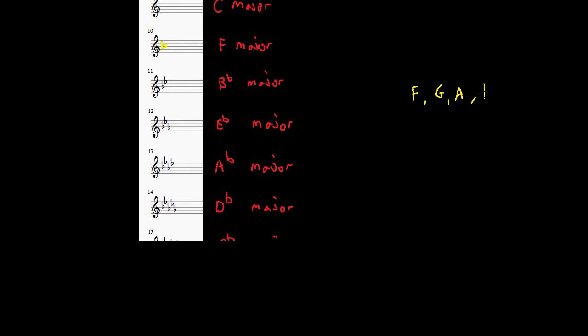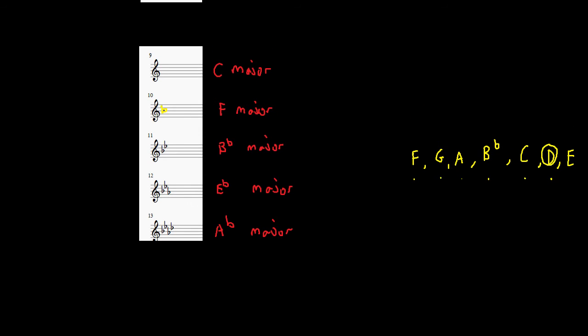So it's F, G, A, B flat, C, D, and E. And we want to work out what the relative minor is, so we just do it the exact same way as the sharp keys. You go 1, 2, 3, 4, 5, and when we get to 6, that sixth note is a relative minor. So the relative minor of F is D minor. Okay, so we've got D minor.